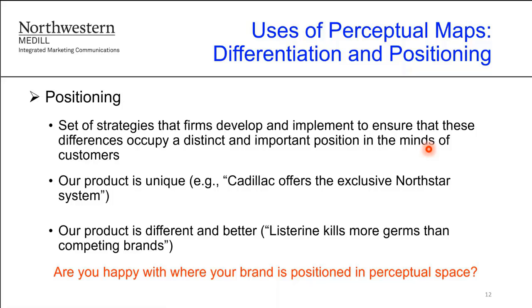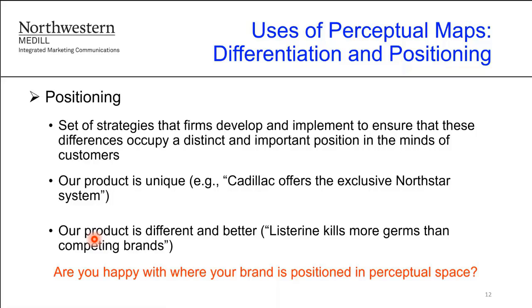So say we first find the hole in the perceptual map, then it's time for us to position the product. Our product is unique in the perceptual map, so it should be unique, and also our product should be different and better.